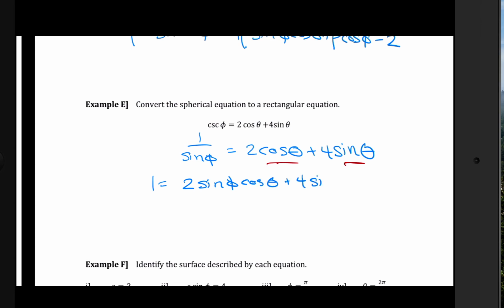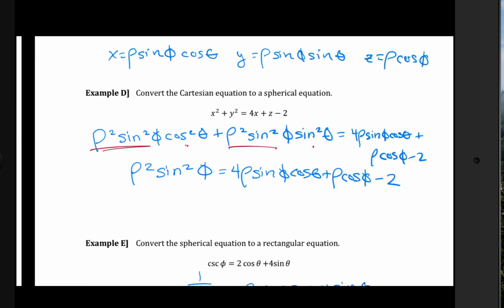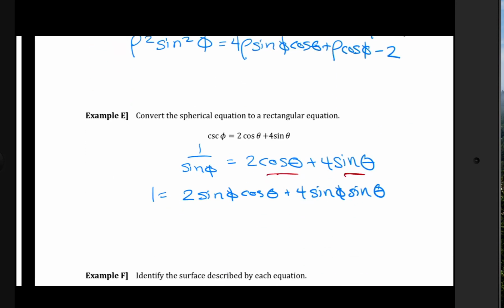So 4 sine phi sine theta. And if I look back up here at my conversions, I have sine phi cosine theta, sine phi sine theta. All I'm missing is a rho in order to get that x and y in there. So if I go ahead and now multiply everything through by rho, I'm going to stick a rho in there, and I'm going to stick a rho in there.